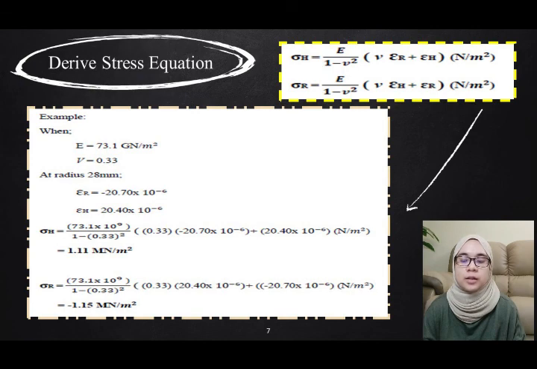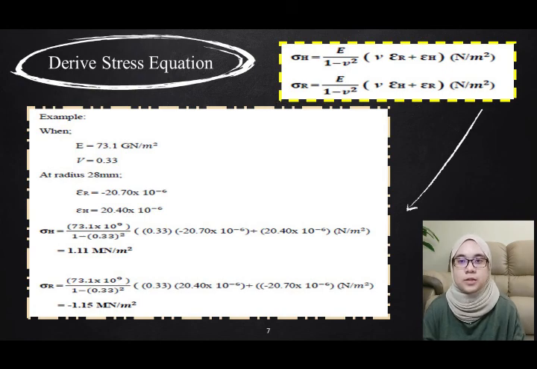We got the radius strain equal to negative 20.70 times 10 to the power of negative 6, and the hoop strain is 20.440 times 10 to the power of negative 6. In the equation of the hoop stress, after we key in all the values, the hoop stress that we got is 1.11 meganewton per meter square.